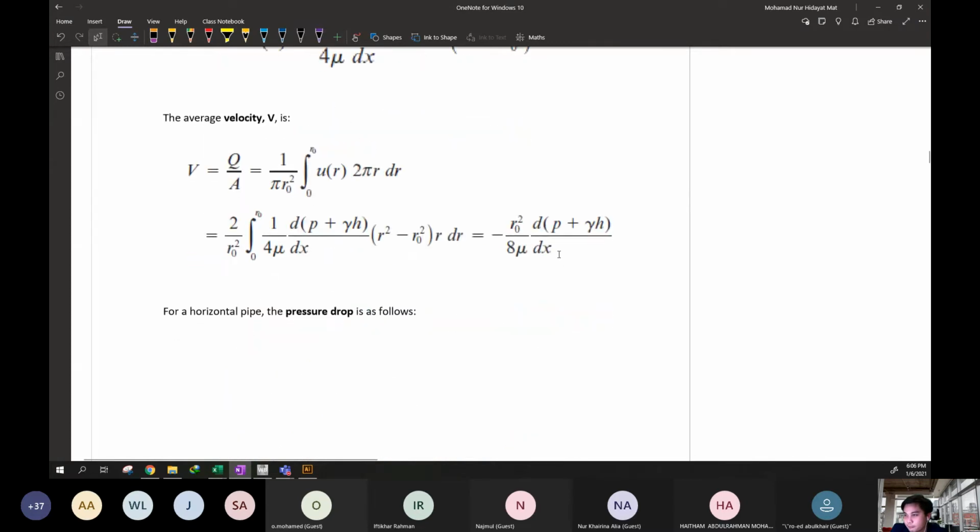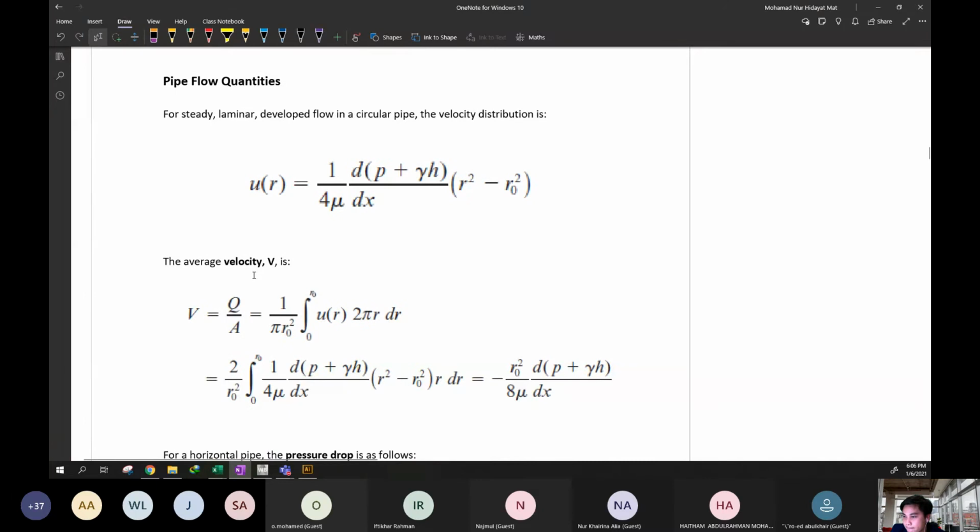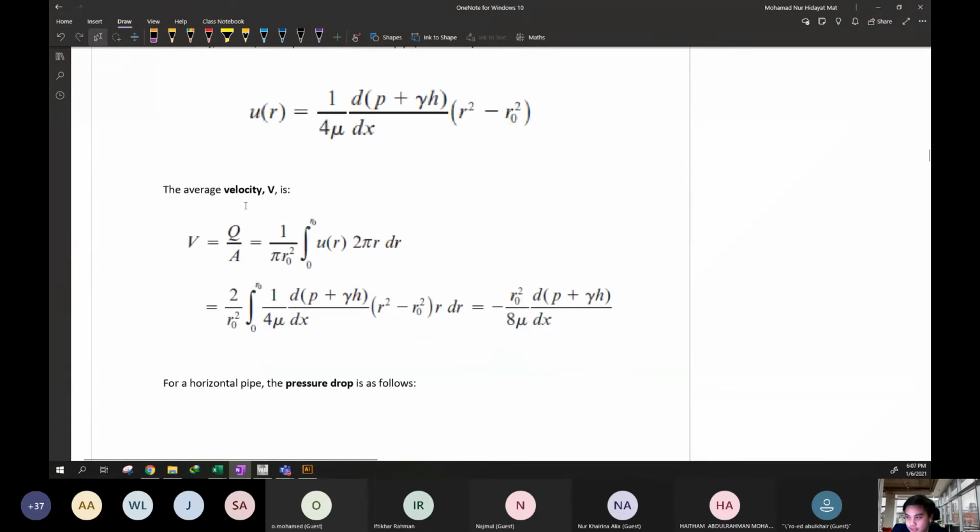So from here, in order to get the average velocity, sometimes when we do the calculation, it's difficult for us to get u. We sometimes use the average velocity to ease the calculation.